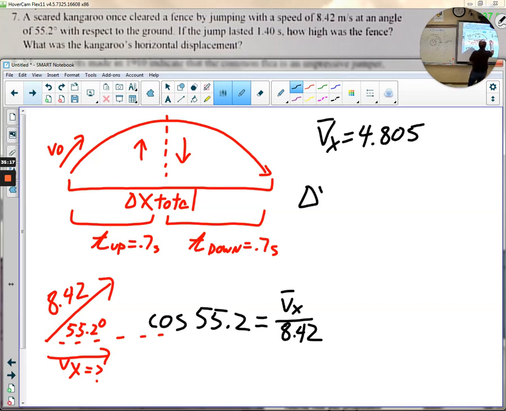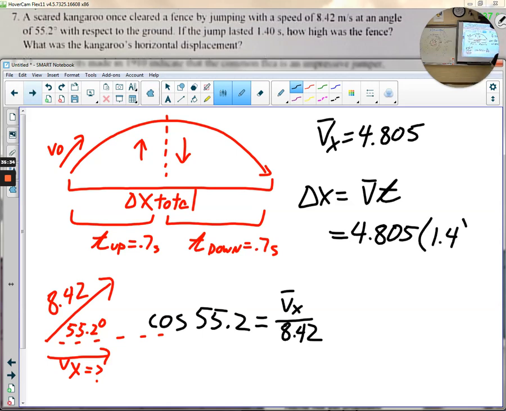Delta x equals v times t, and we're just looking at the x component, which is not going to change. That's just going to be 4.805 times total time, which is 1.4. I get 6.7275 and change, so we could say 6.73 meters.